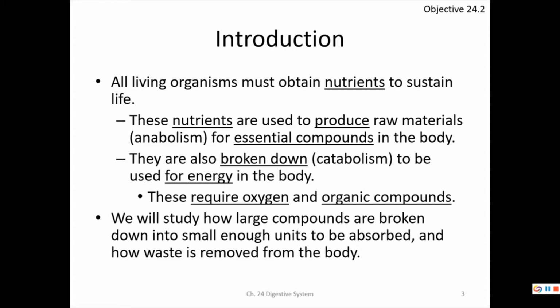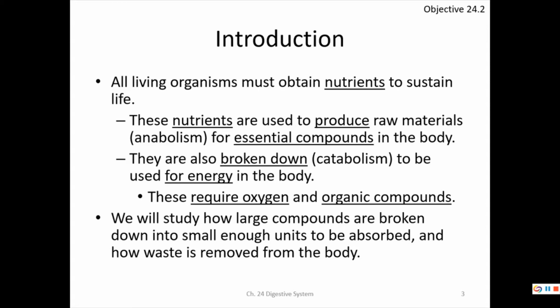So we're going to look at how we get these big things. Basically, imagine you're eating a big, thick, juicy cheeseburger. Well, that cheeseburger is too big to fit into a cell. But we can break it down by first taking a bite, then chewing that bite up, grinding it into smaller pieces, mixing it with saliva, stomach acids, and digestive enzymes.